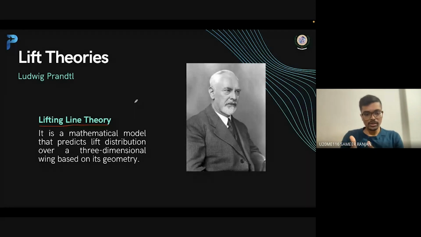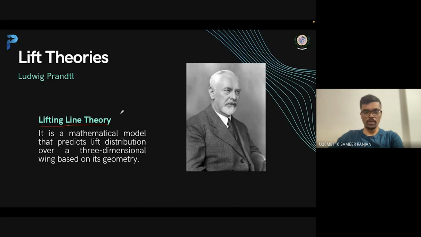So it depends on the cross section at x and x plus dx. From that they made a mathematical model of the distributed lift, and then calculated exactly how much lift we can generate from a particular wing. Further research is going on in this theory as well, but for now we use this theory in research.